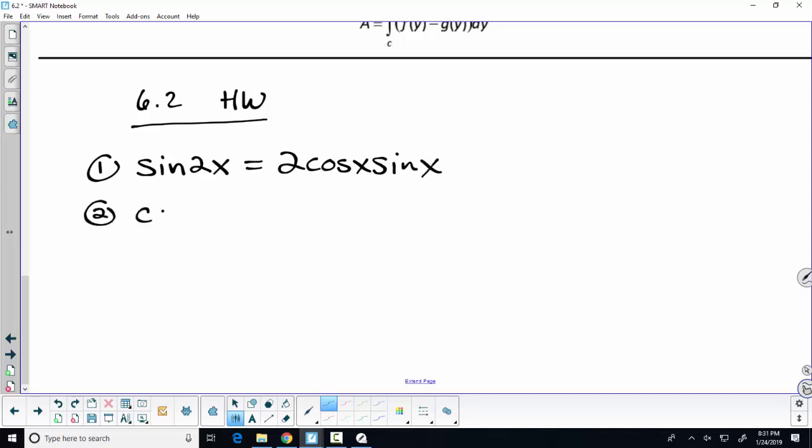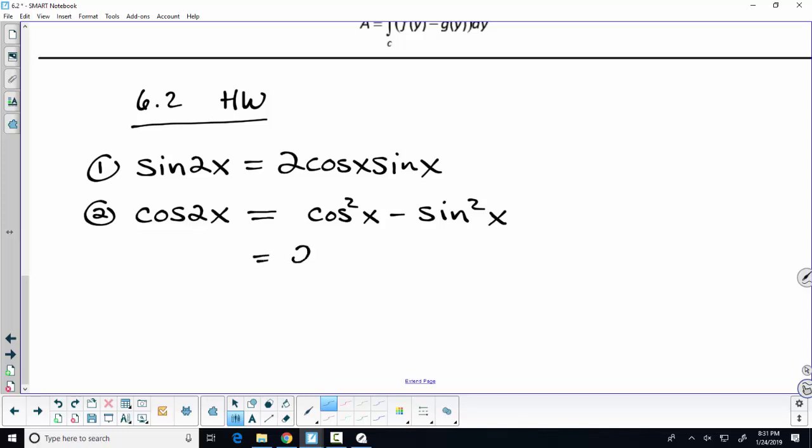The other one is the double angle formula for cosine. Remember, this one had 3 representations. It was cosine squared x minus sine squared x. That's kind of the main one. The other 2 result from using a Pythagorean identity on either cosine squared or sine squared.